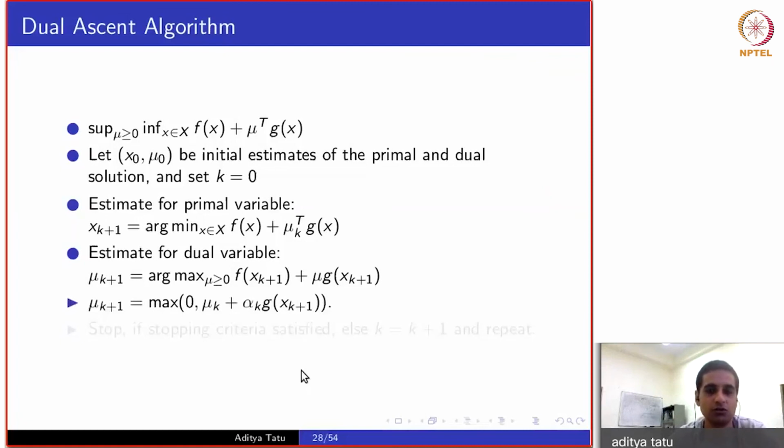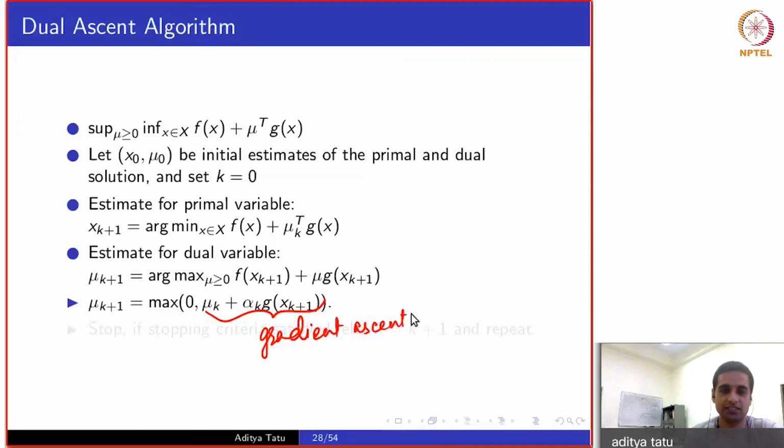And of course, you want to ensure that mu is non-negative. So this particular step is just your gradient ascent. Then you are just doing a projection basically. If this gives you a negative, then you do not want to accept it. You would rather accept that mu. So this is how you can iterate and then hopefully converge.